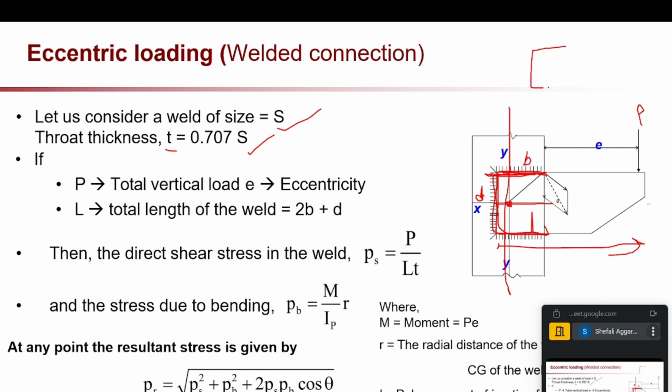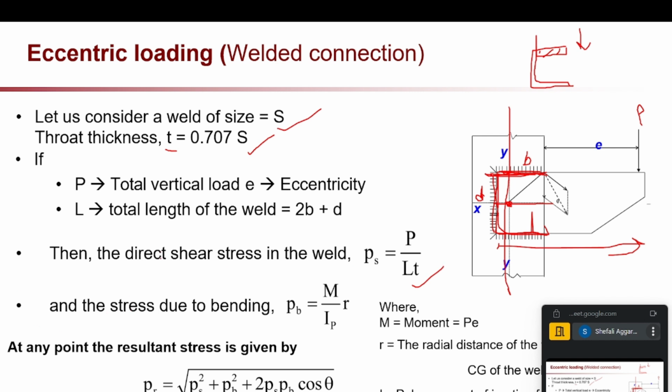So if this is our weld, it will be of some thickness. So direct shear stress is given by load divided by area. Area is 2B plus D into thickness. This is our shear stress.